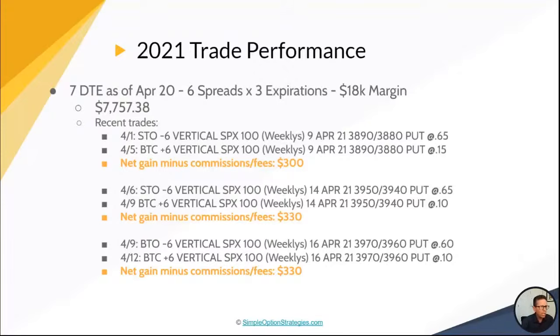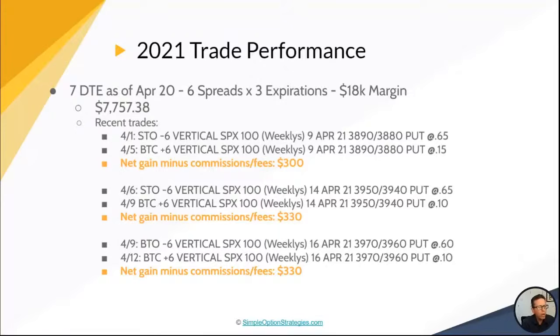So I limit the amount of open expiration trades to 3. That's my limit. And usually I close 1 before the 3rd one opens. A lot of times that happens.